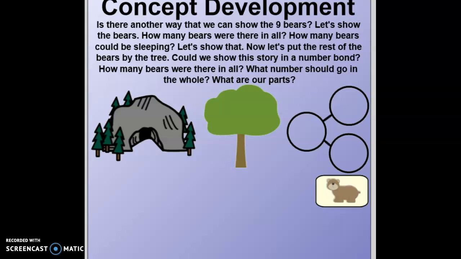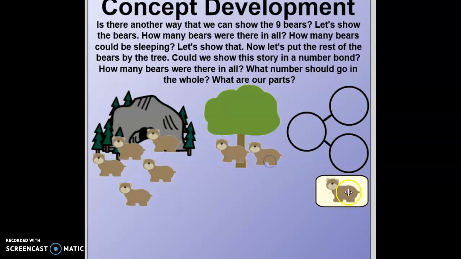Okay, so get your 9 things out that you have, or your 9 fingers, and we're going to do a different way we can show 9 bears. So I have to grab my 9 bears out, and I'm just going to start putting them by the cave or the honey tree. 3, 4, 5, 6, 7, 8, 9.